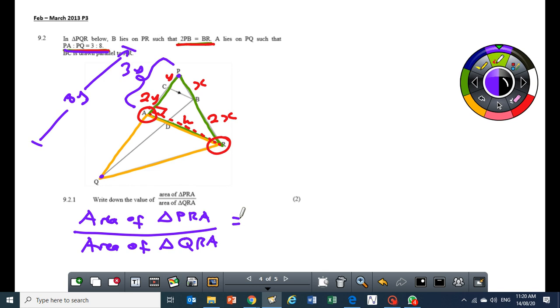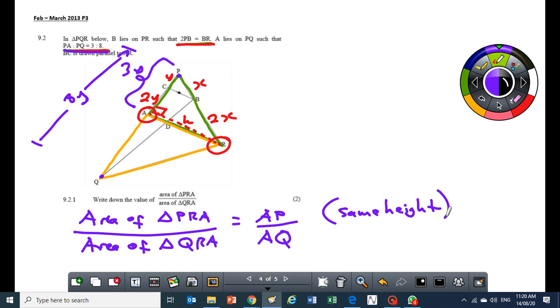So the base of PRA is going to be AP, and the base of QRA is going to be AQ. And here you can write same height as your reason. Just write here same height.